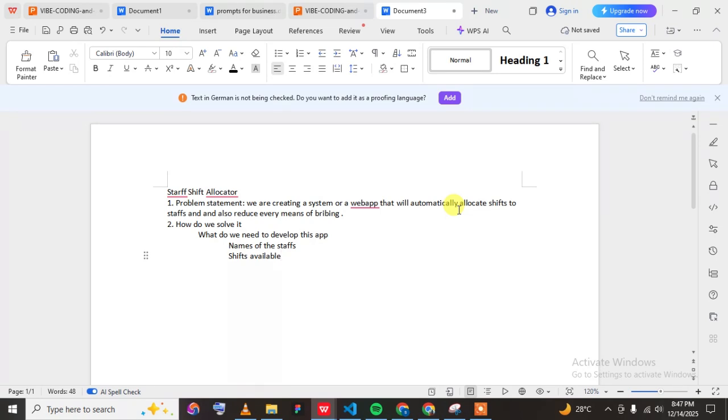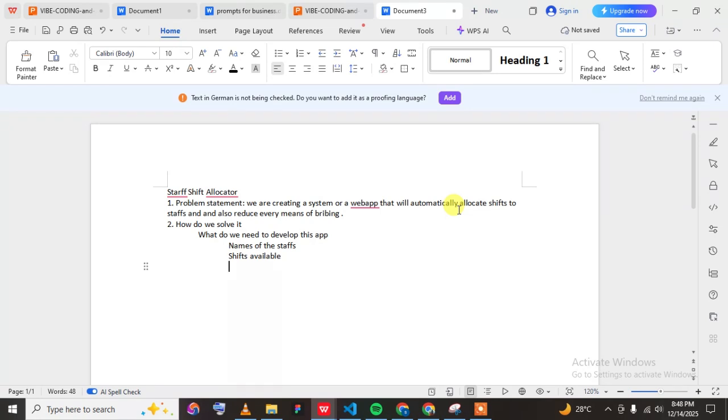So that means we will need the names of the staffs. Then the next question is, we will take the shifts of the staffs. Is it morning shift, is it night shift? So automatically we need morning shift, we need night shift. What happens if you have a new staff?